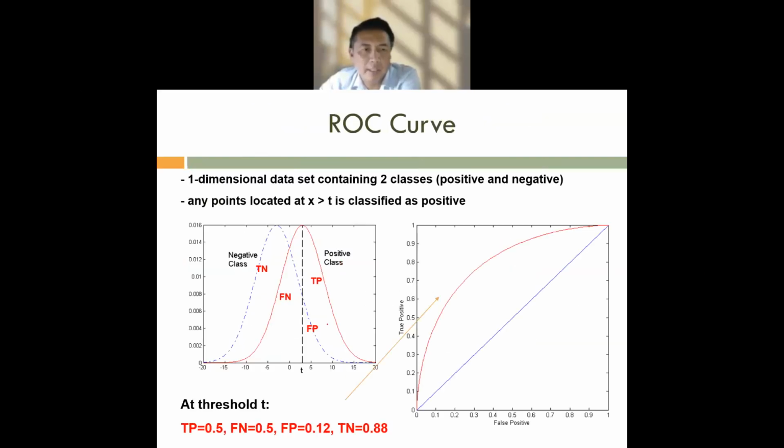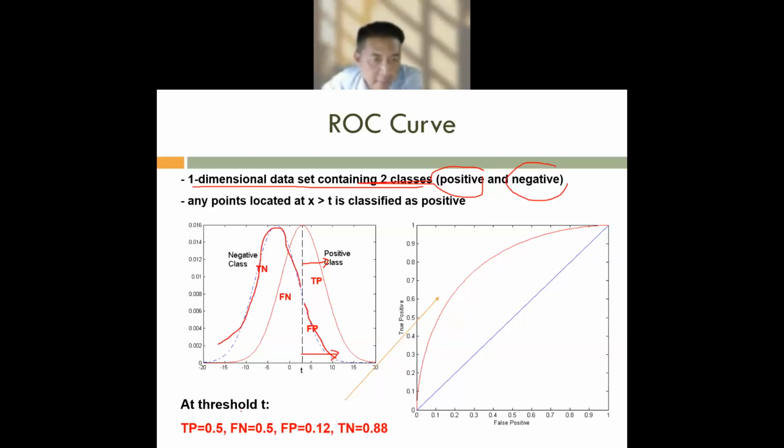If you look at this diagram, it is a one-dimensional dataset containing two classes, positive and negative. Any point located at x greater than t is classified as positive. If the blue one is your actual, everything on your right here will be positive. Meaning all of these here are false positives, because they are negative.